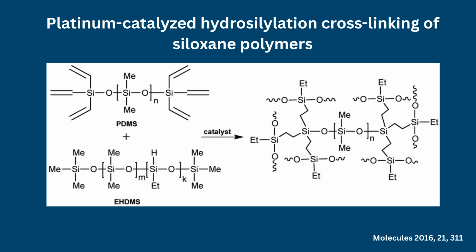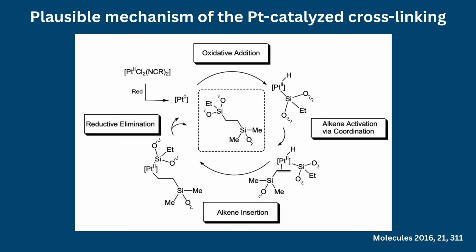Platinum catalysts promote rapid cross-linking without producing volatile byproducts, resulting in minimal shrinkage, less than 0.1%, excellent dimensional stability, and superior mechanical performance. Addition-cure systems dominate industrial mold-making and liquid silicone rubber processing.